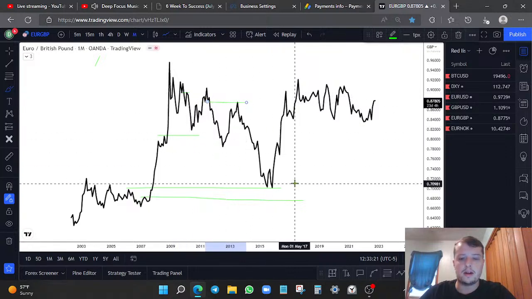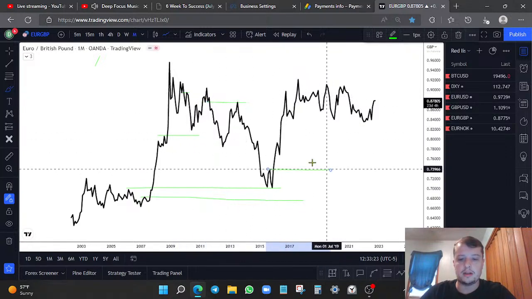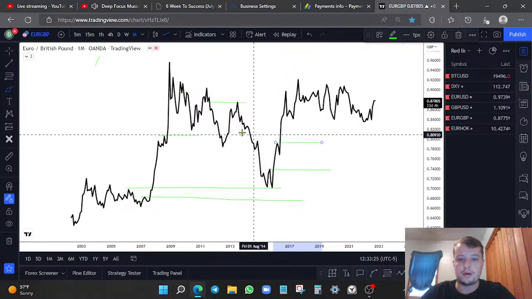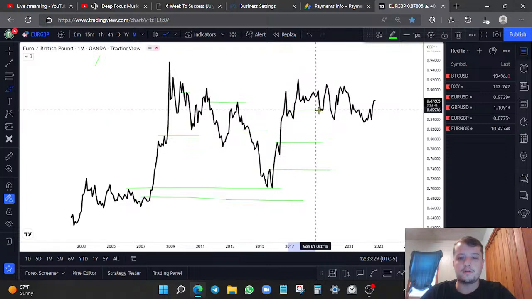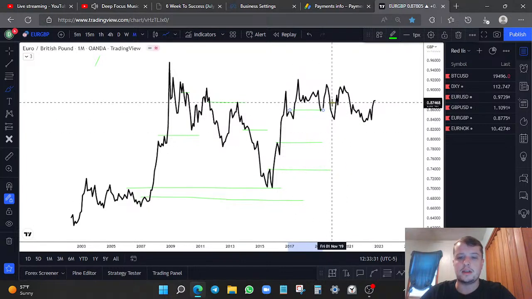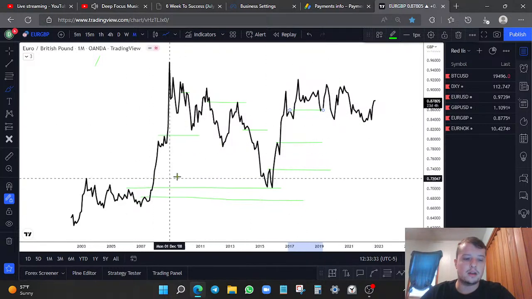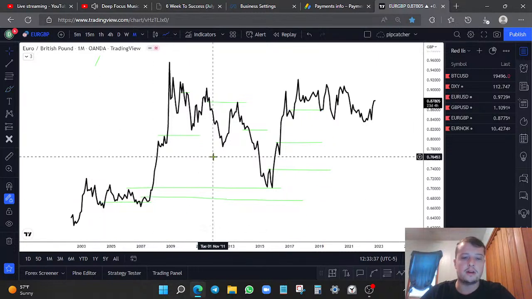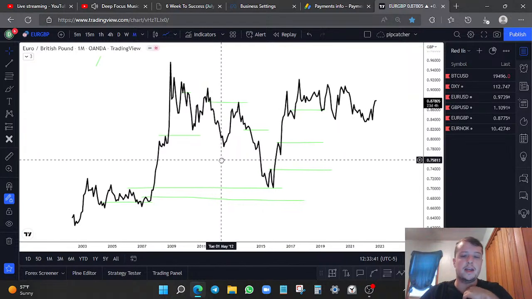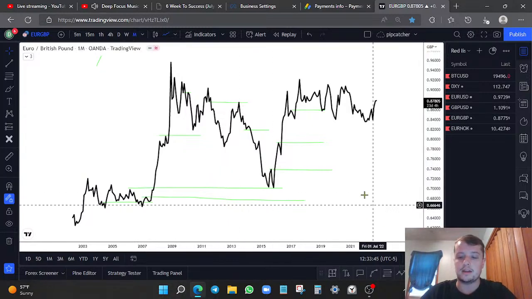So what I'm doing right now is just marking up all sorts of points of structure that I see in the market on the monthly time frame here, and then we're going to go down into the weekly and the daily and the 4 hour and all of that, and I guess until I get tired of it.